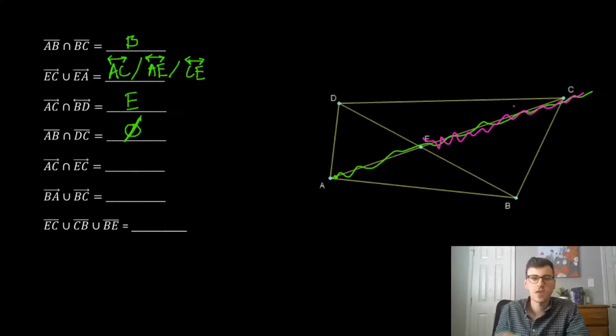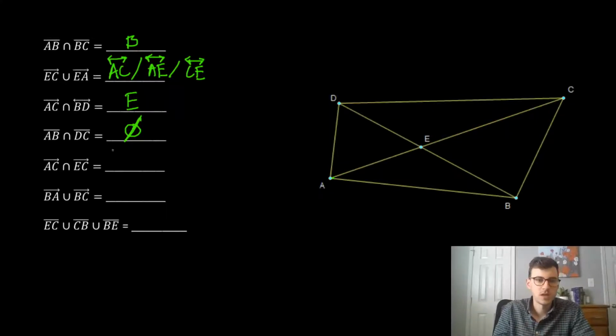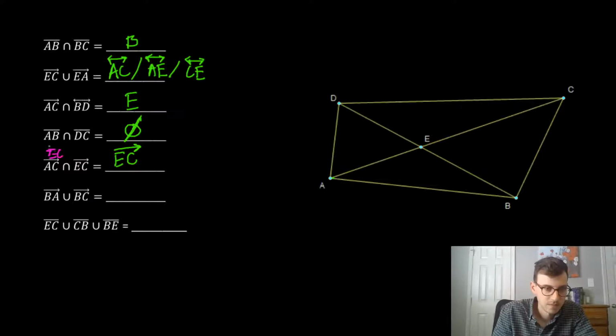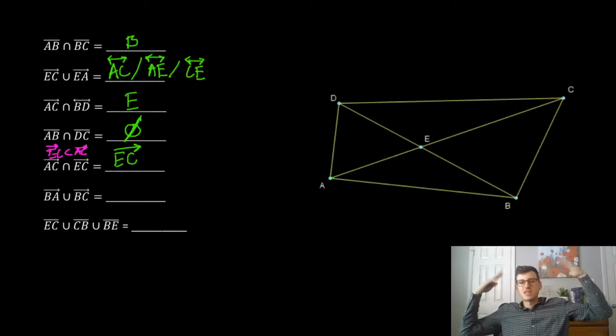So since they share that, the intersection between AC and EC is ray EC. And remember, think about subsets as well. This is kind of an aside, but you could also say that ray EC is a subset of ray AC. I just want to get your brain thinking in that direction.